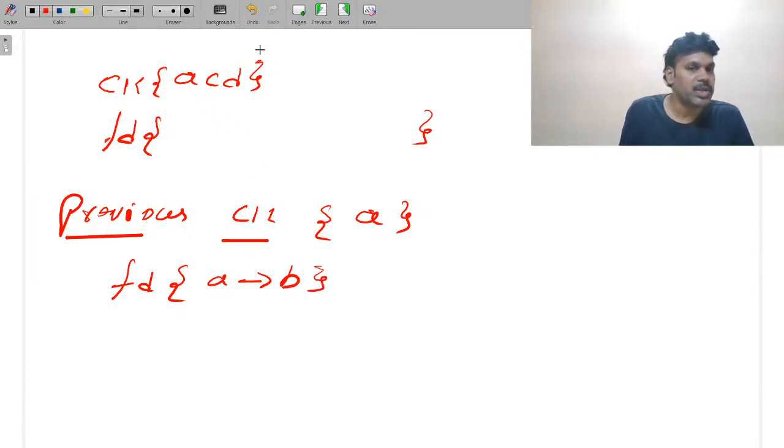Now, your new candidate key of R(ABCD) is ACD. C and D now become single valued attributes.